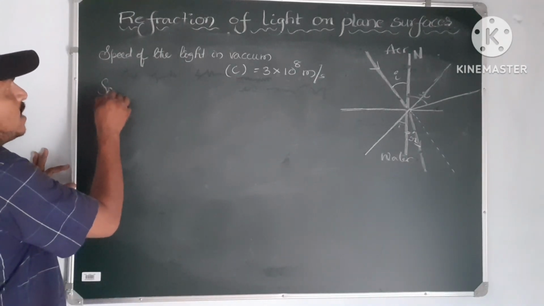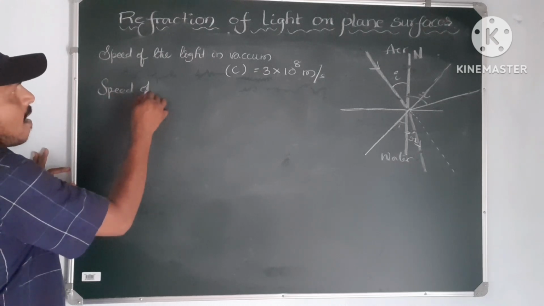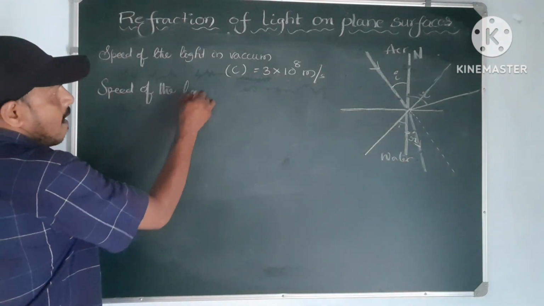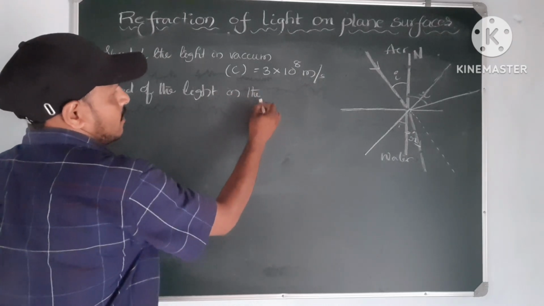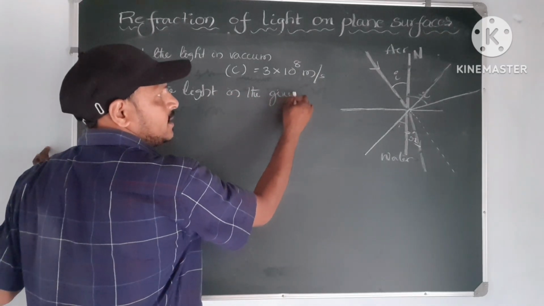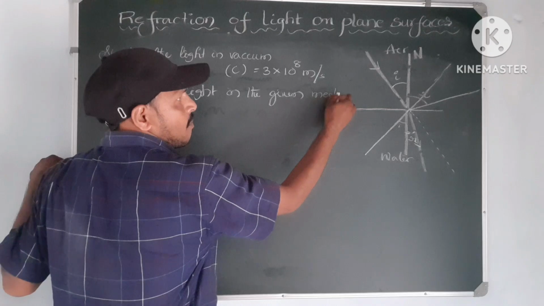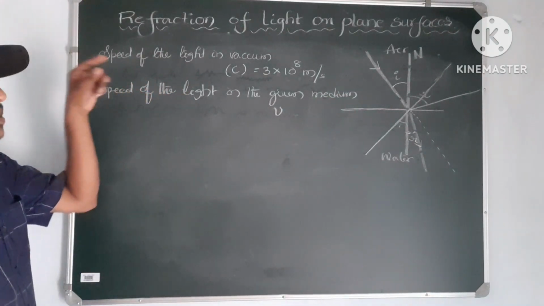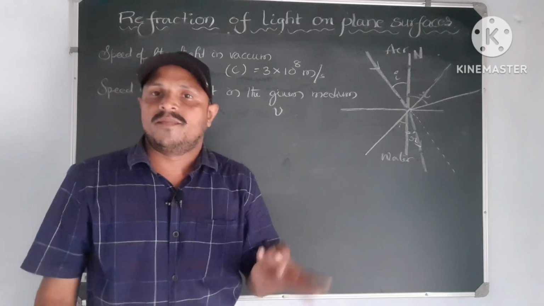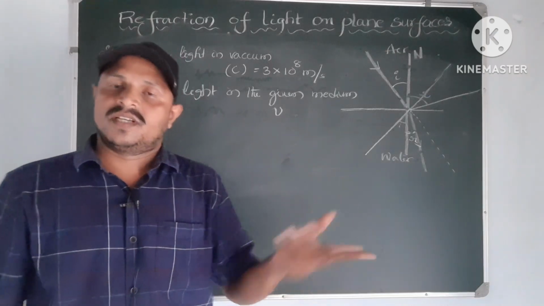The speed of light in the given medium, any other medium, is taken as v. Whatever it is, air, water, glass, whatever it is.